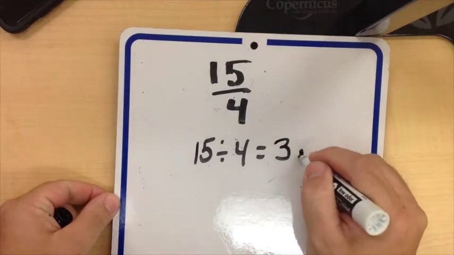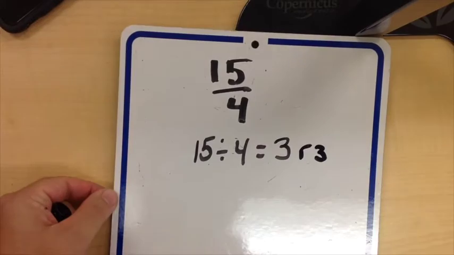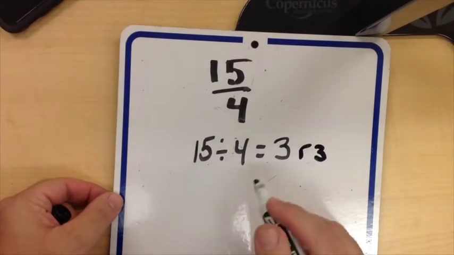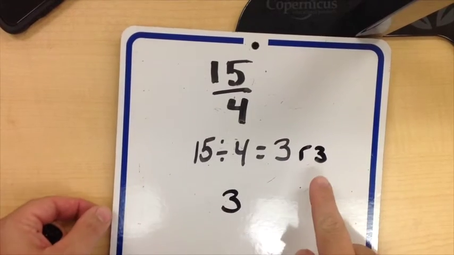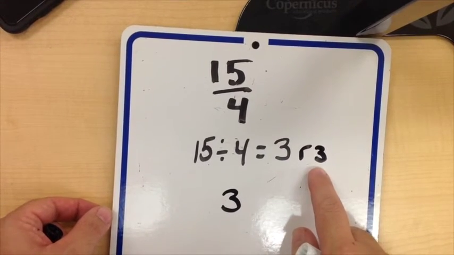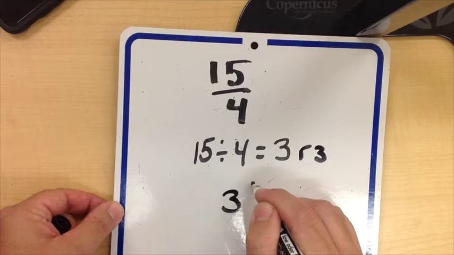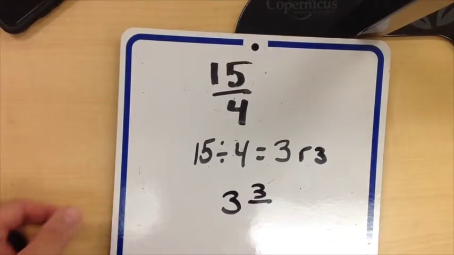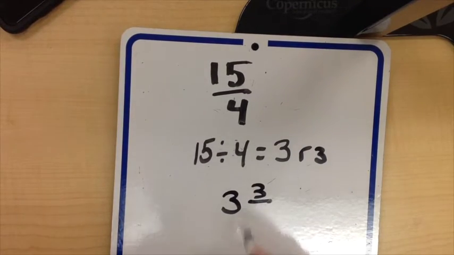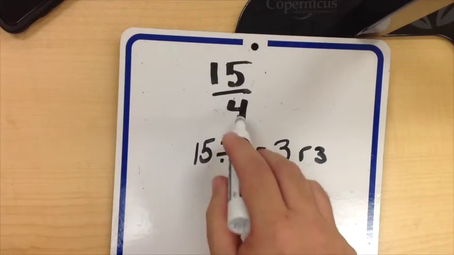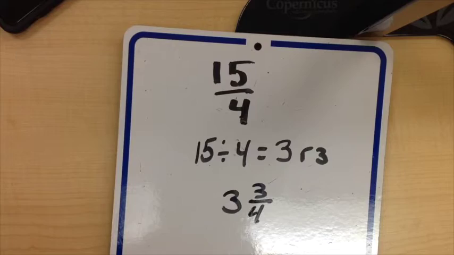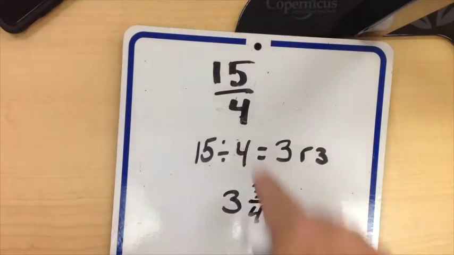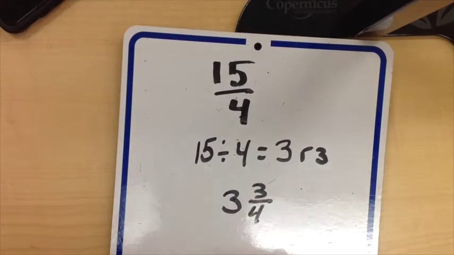So we'll put remainder 3. So now I'm going to say this equals 3. And instead of saying remainder 3, I'm going to put a 3 in my numerator for the fraction part of my mixed number. And then I'm going to use my same denominator, like that. So 15/4 equals 3 3/4.